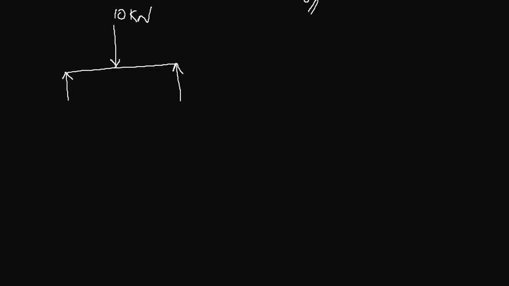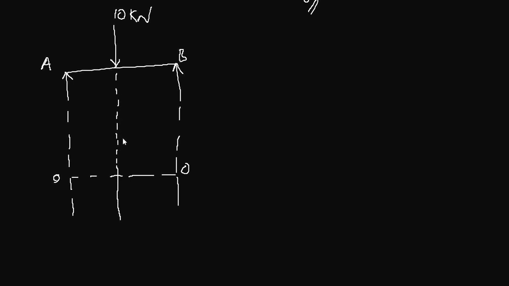In order to draw the diagram, just extend these lines, and you have the zero line. At point B your moment is 0. Here also your moment is 0, and at the point of application of the load, the moment is 10 kilonewton meter.